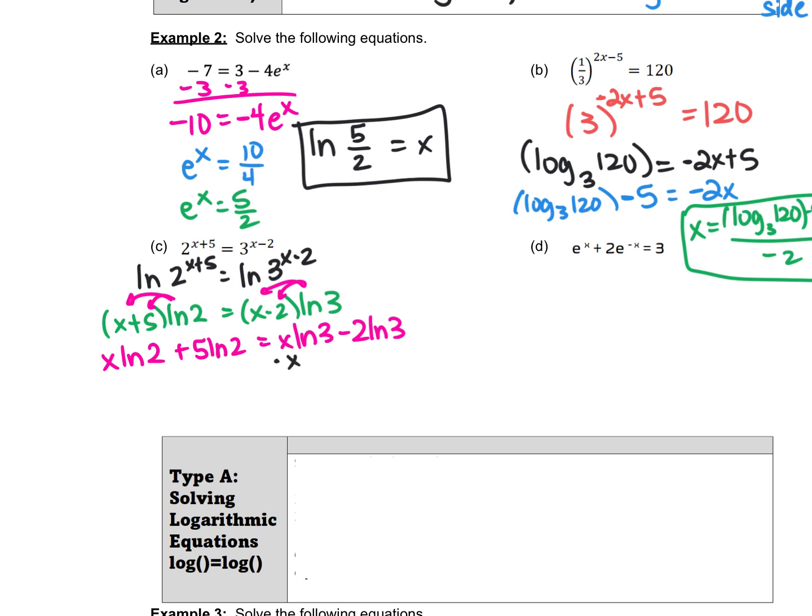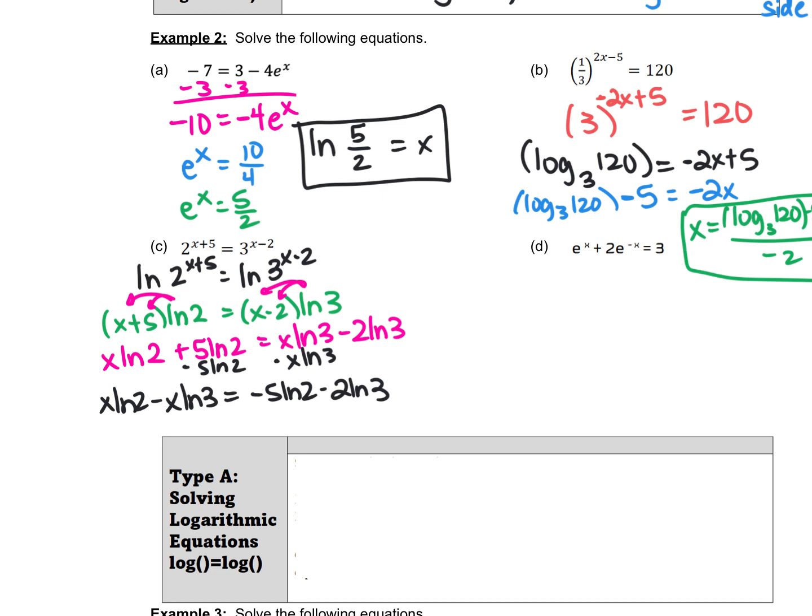So I'm going to subtract it. That would give me x ln of 2 minus x ln of 3. I'm also going to move that 5 ln of 2 because it didn't have an x. I'm going to move it over. So that gives me negative 5 ln of 2 minus 2 ln of 3. So I just reorganized. I switched sides.